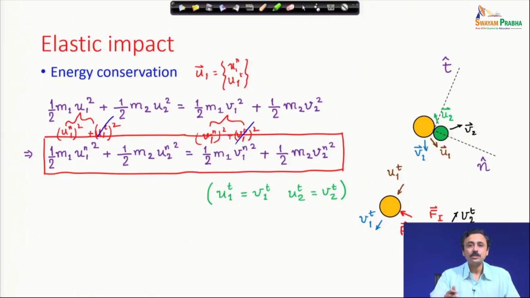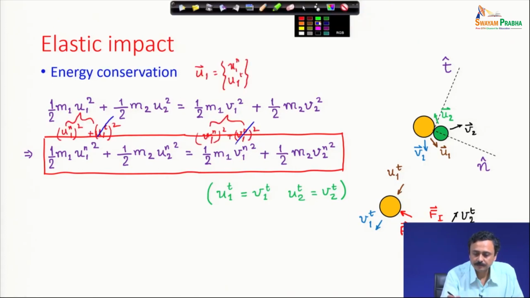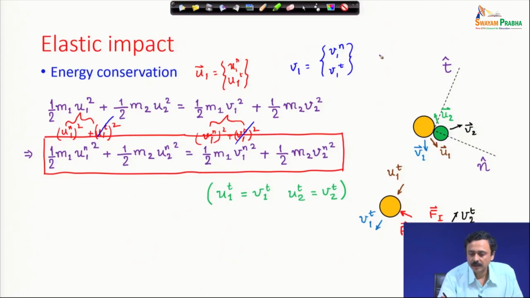What are these two unknowns? Remember our outgoing velocities: v1 consists of v1 normal and v1 tangential, and v2 consists of v2 normal and v2 tangential.